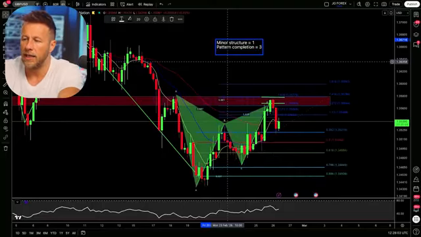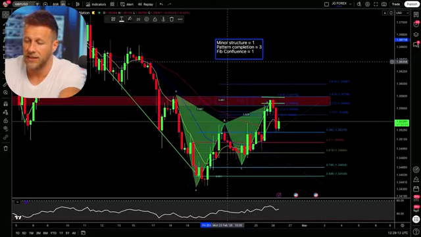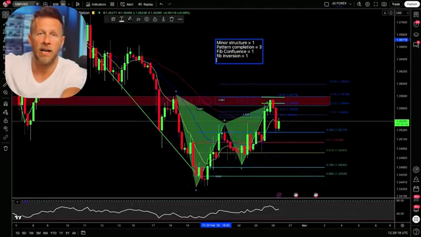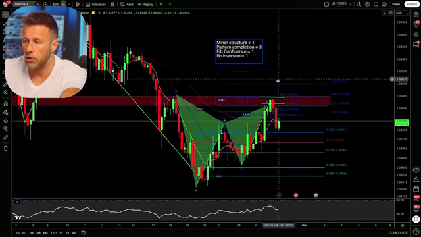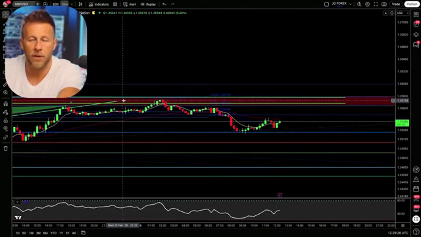If you've got a fib confluence, you might give yourself another point. If you've got another strategy set up like a fib inversion, that equals 1 point. You might have RSI overbought. You might drop down to a lower time frame and find that you've got a double top at completion.